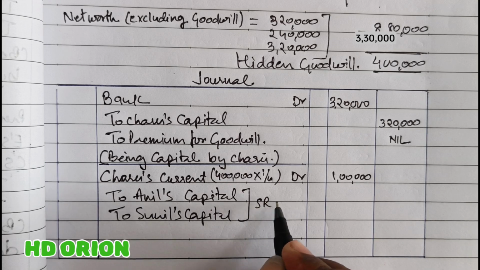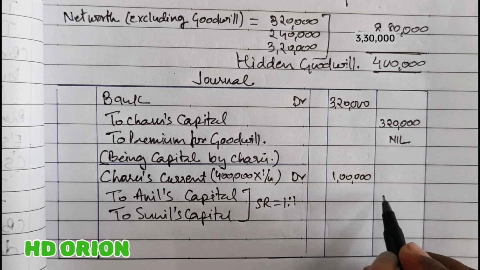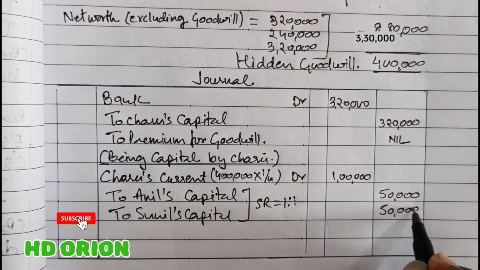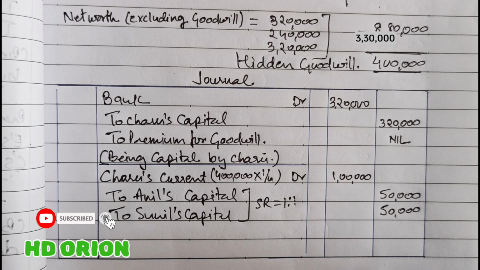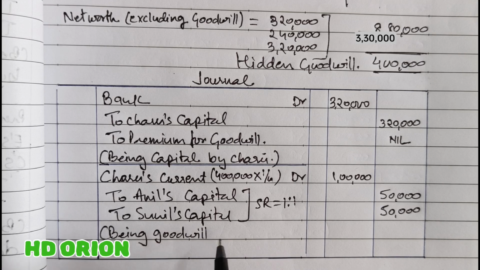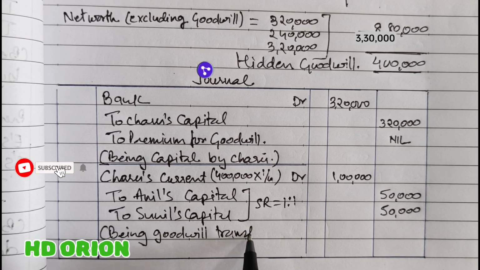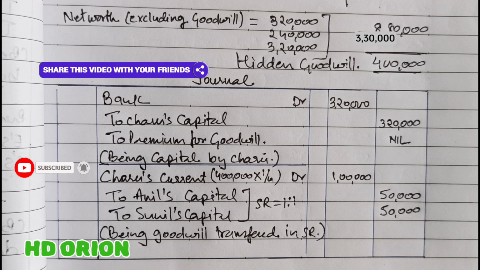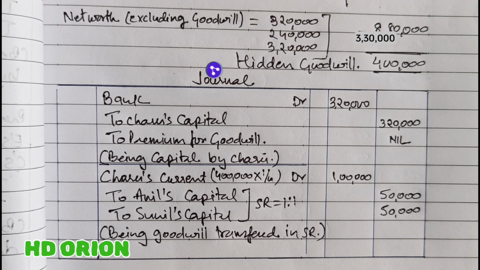So sacrificing ratio will be equal. So 50,000 each. So this is the solution for question number 35.